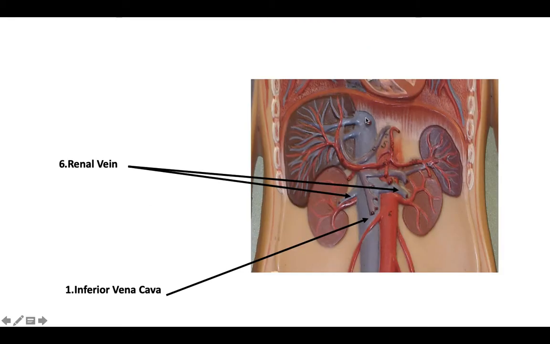Going further down, this still remains the inferior vena cava, and as we're going into the abdominal region, once we pass the diaphragm, it diverges into lots of different veins. The only veins you need to know are those renal veins going to the kidneys. Anything going to the kidney is referred to as renal.